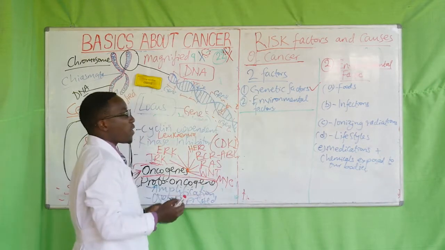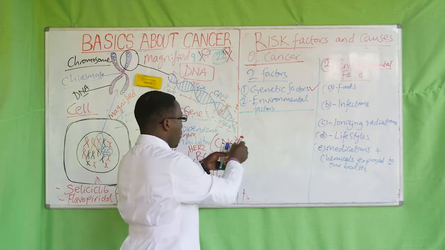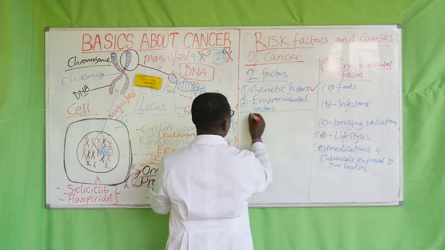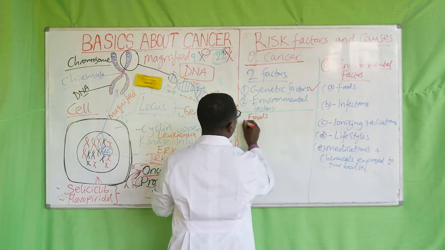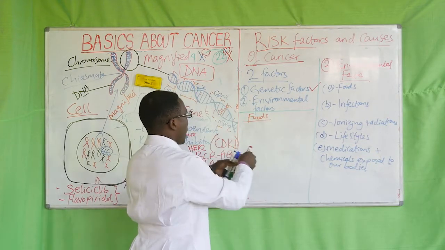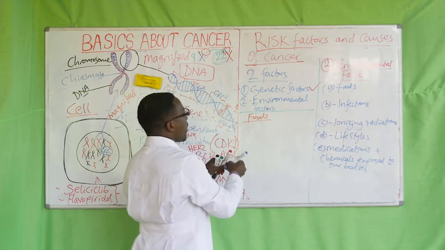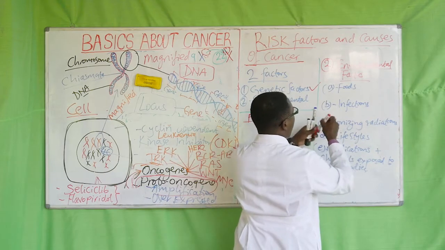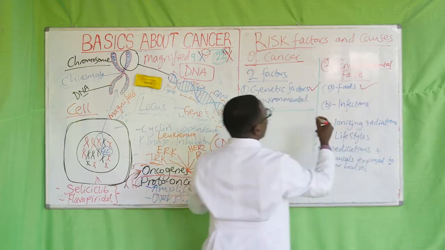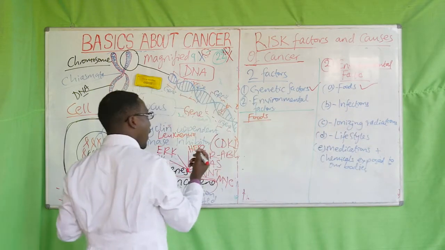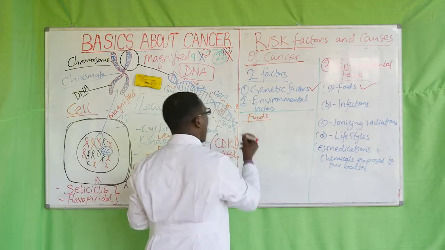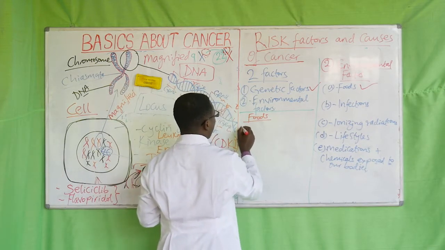So let me begin with the foods that we commonly consume. Within the foods, we are now tackling category A, under environmental factors. We have the foods.